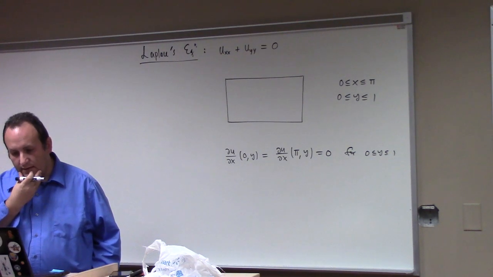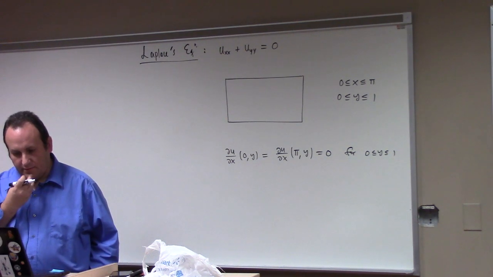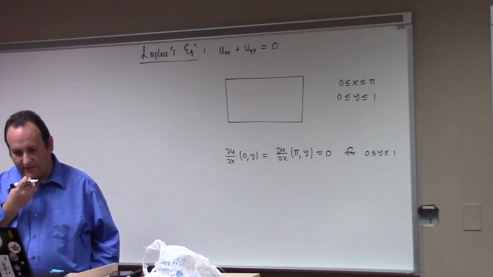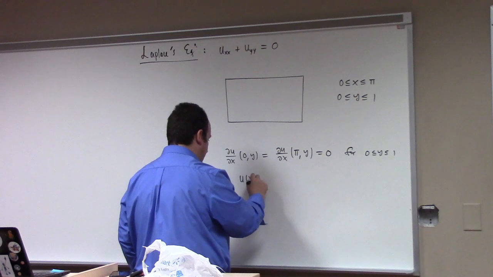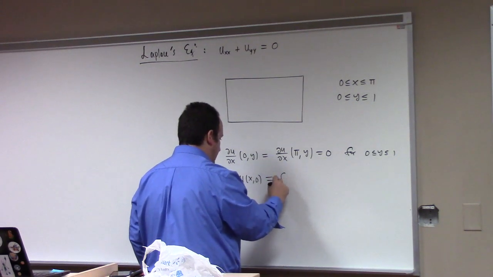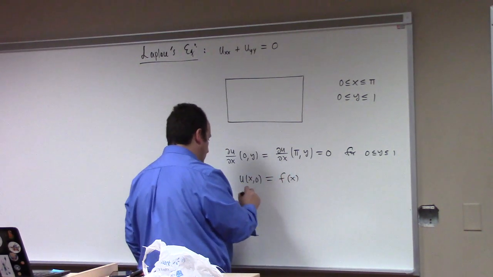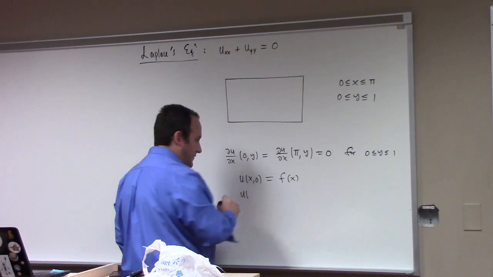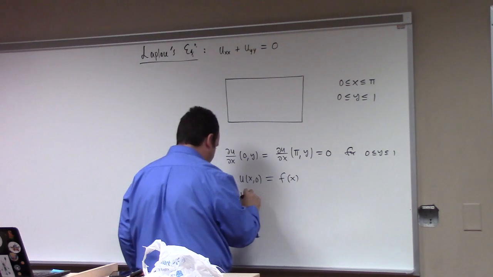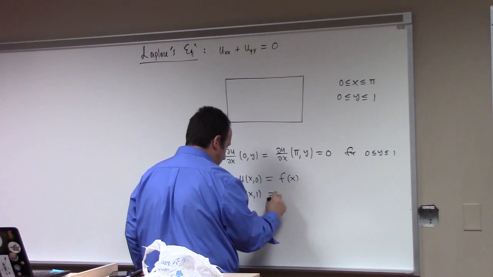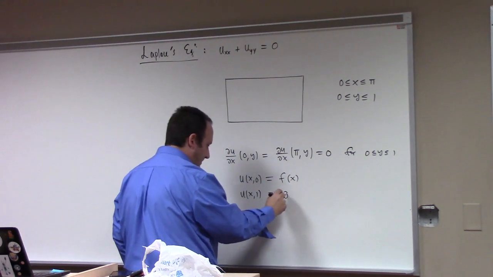I'm also going to suppose that I want u of x, 0 to be some given function, let's say f of x. And I want u of x comma 1 to be equal to 0.